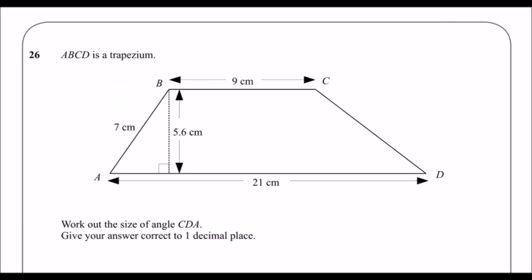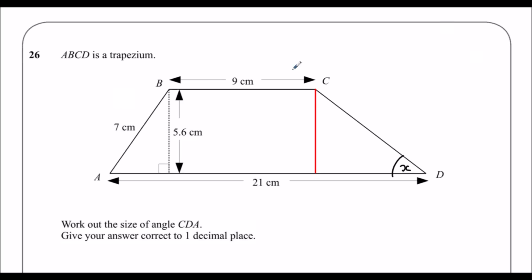Question 26. ABCD is a trapezium. We need to work out the size of angle CDA. So C to D to A. This angle here. So we have a Pythagoras and SOHCAHTOA question here.